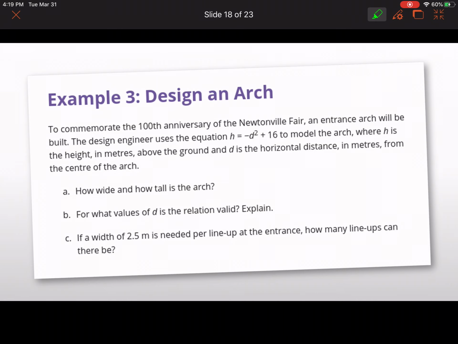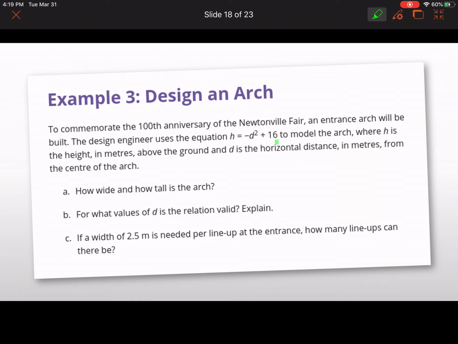All right, last example and we're done. To commemorate the 100th anniversary of Newtonville Fair, an entrance arch will be built. The design engineer uses the equation h equals -d squared plus 16.